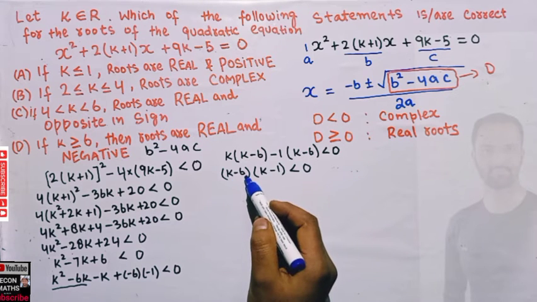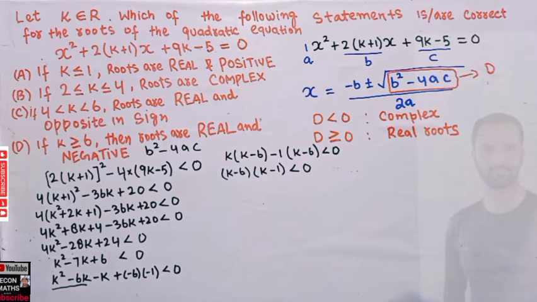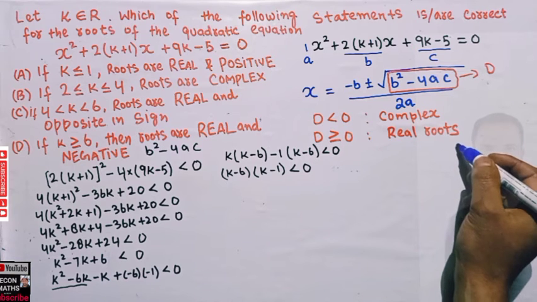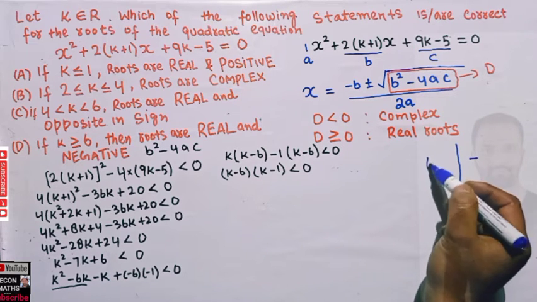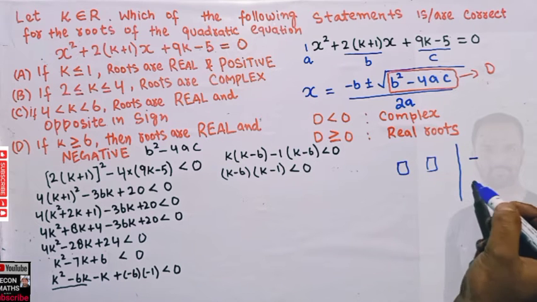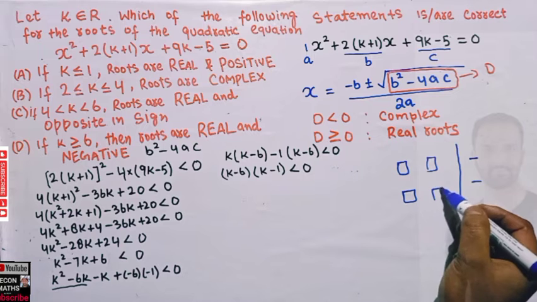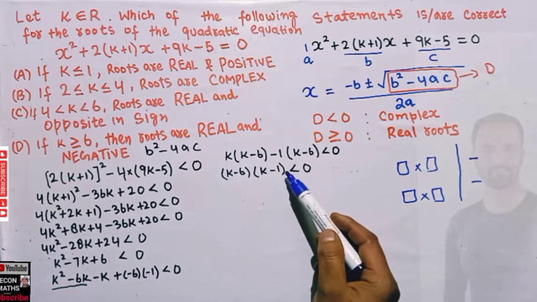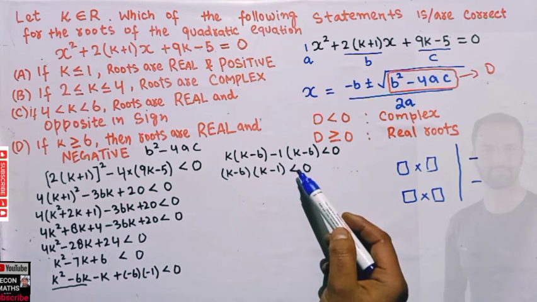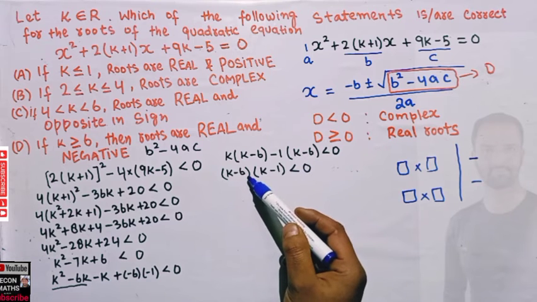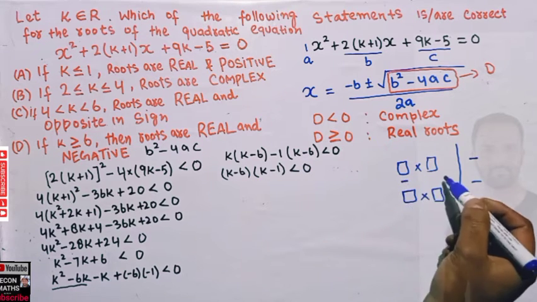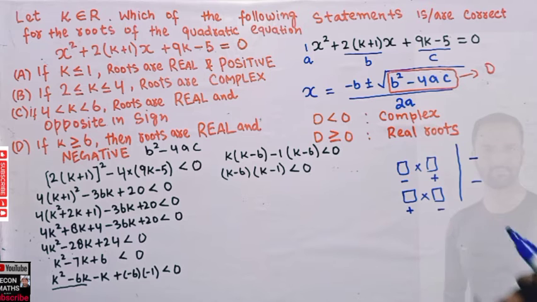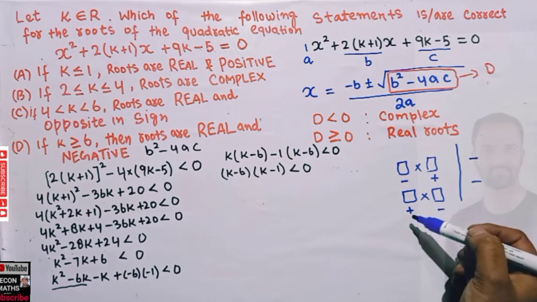If we have two terms, k minus 6 and k minus 1, which are multiplied, then for this to be less than 0, either the first term should be negative and the second term positive, or the first term should be positive and the second term negative, because minus into plus is minus, plus into minus is minus.